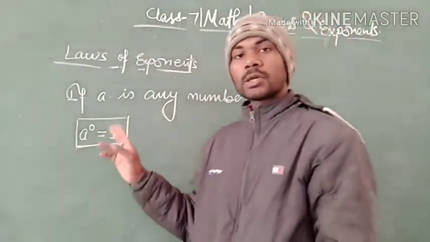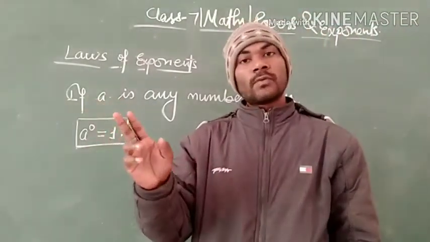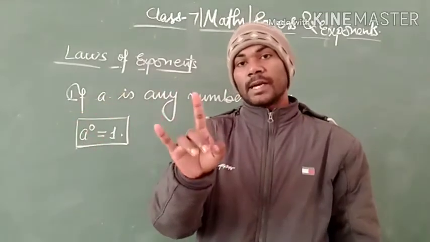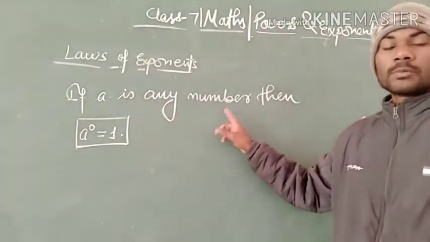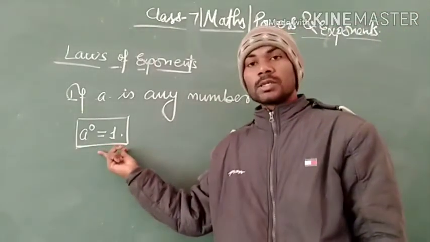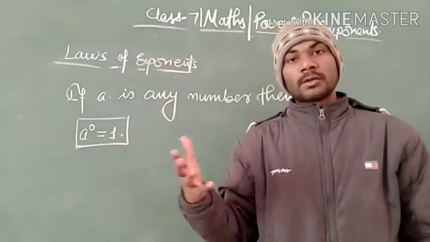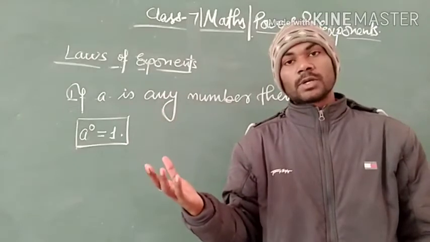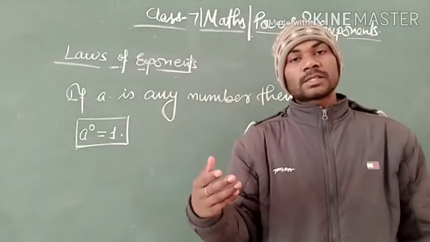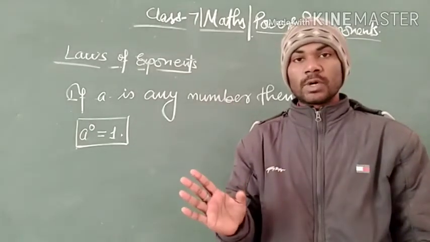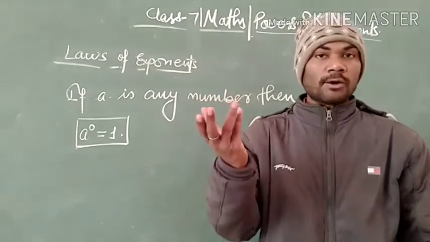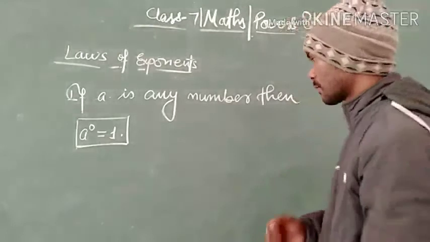And it is always true for all numbers. That is why I wrote here a is any number. Means this is a true fact for all types of number. If you write a fraction and its power 0, then it also gives the result 1. But how? So let us see.